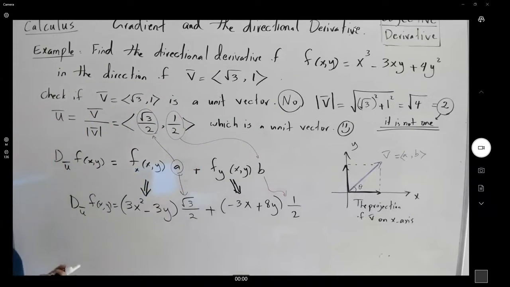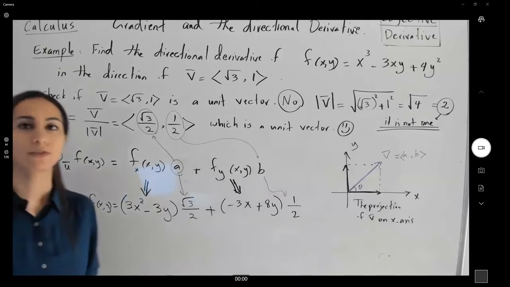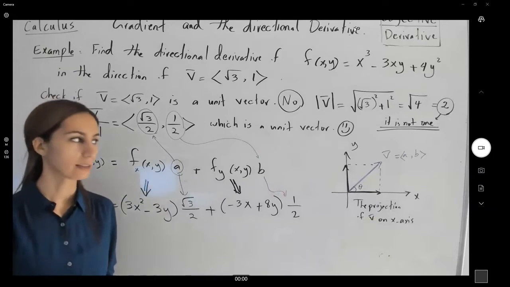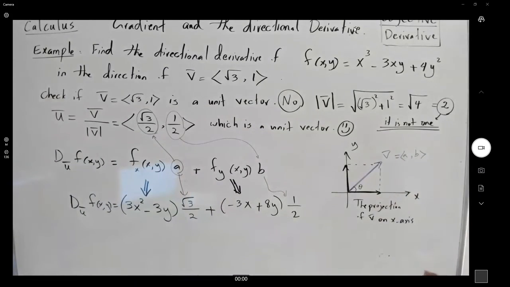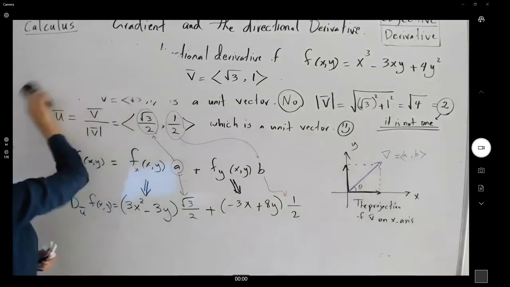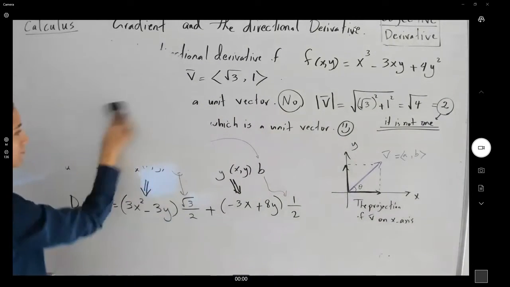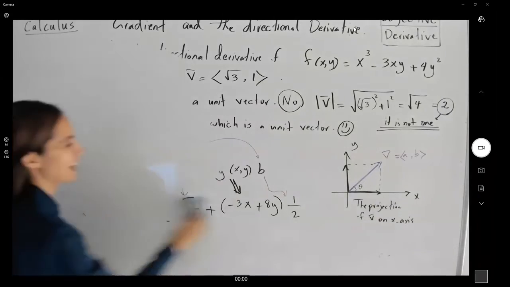So sometimes instead of having the vector itself, they might give you the angle that the vector makes with positive part of x-axis. So in that case, we can write down the directional derivative using the angle that we have.